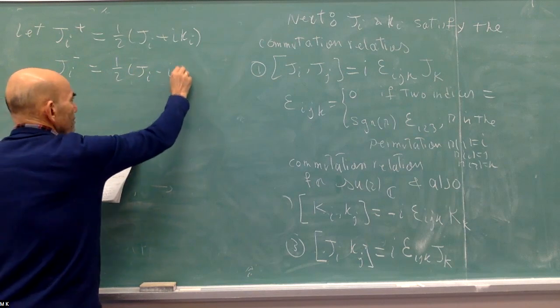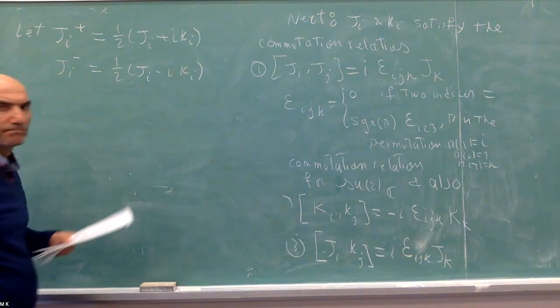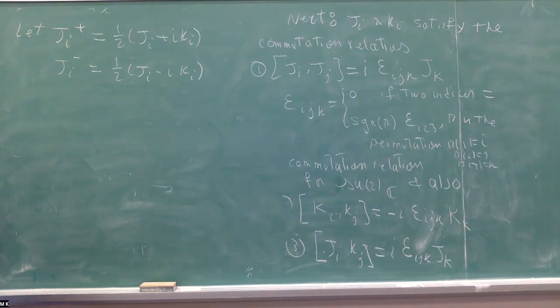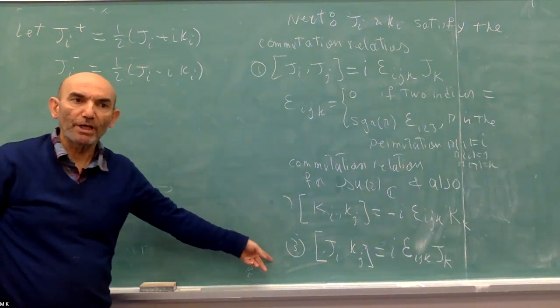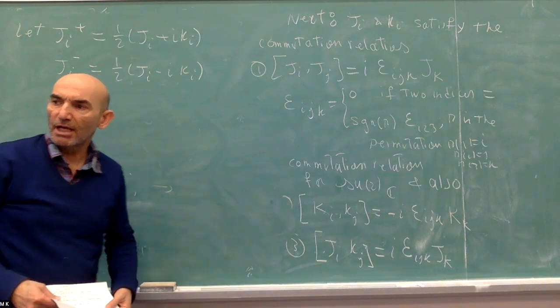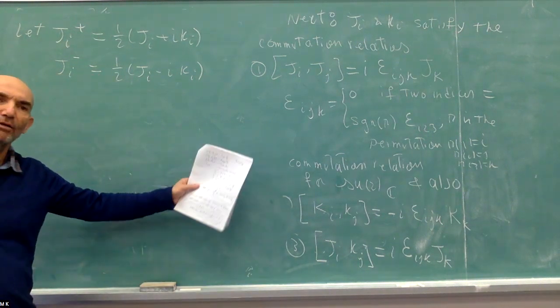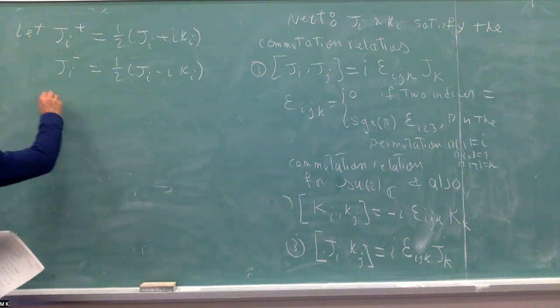Then using 1, 2, 3 here, you can check that they satisfy exactly the kind of commutation relations you want.